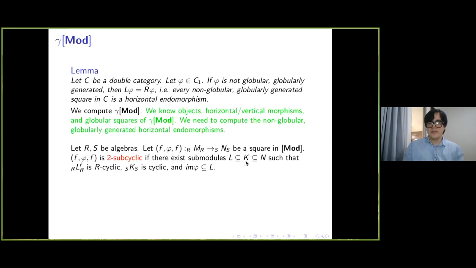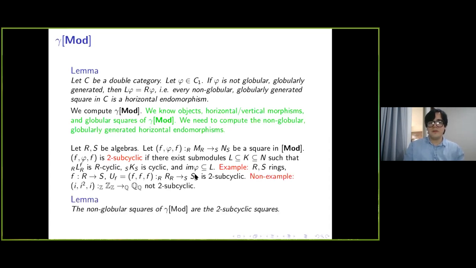This is cyclic as an S bimodule, and the image of your morphism here is contained in L. This is a bit strange, but obviously, horizontal identities are two-subcyclic. If you have a horizontal identity here, then this is contained in the image of R under this F, which is cyclic as an R bimodule, and it's contained in S as an S bimodule, which is cyclic as an S bimodule. So horizontal identities are two-subcyclic.